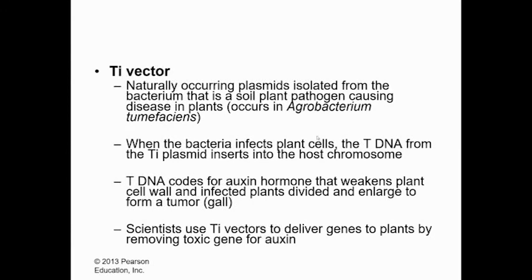So basically, when the bacteria infect the plant cell, the T-DNA from the Ti plasmid inserts into the host chromosome. And then the T-DNA codes for the auxin hormone that weakens the plant cell wall, infects the plant, and the cells divide in large form of tumor.